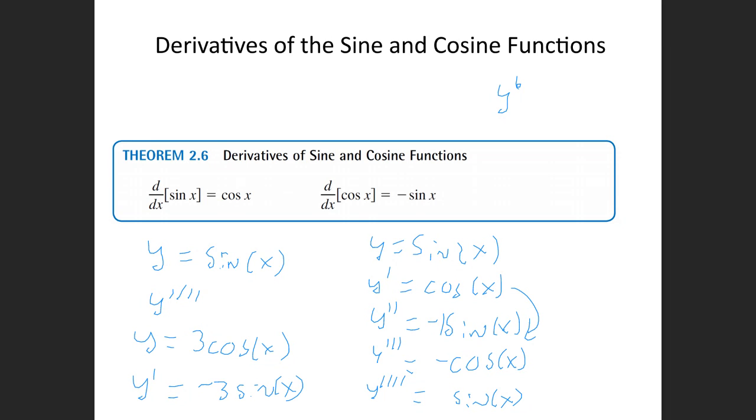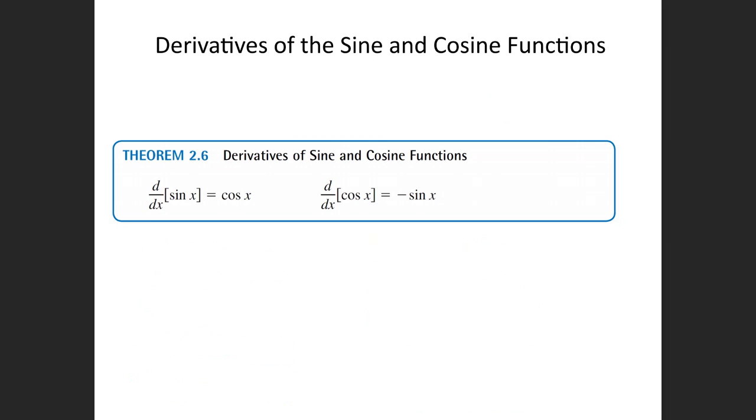Okay, now I'm going to take everything that you've just learned, and I'm going to give you one problem that will tell me if you know what you're doing or not. I've got y is equal to sine of x.